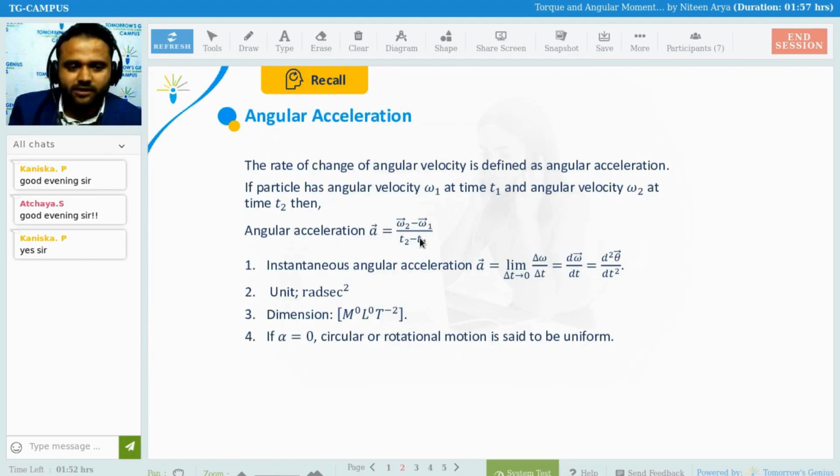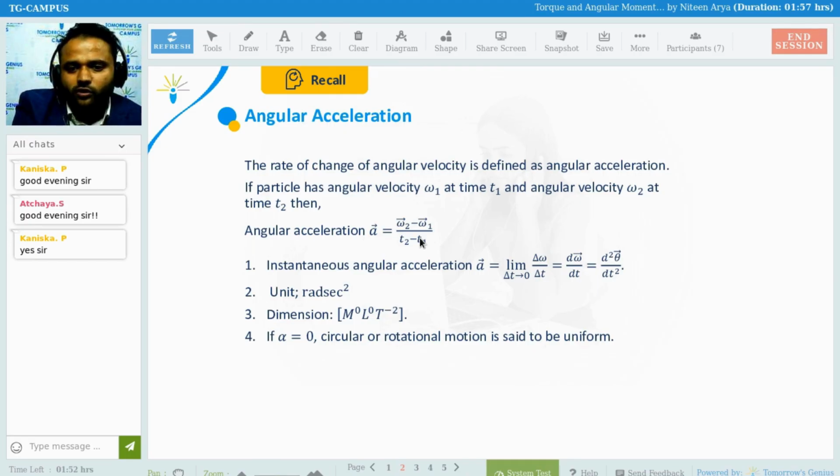As we know, angular acceleration. In the previous class we did angular acceleration, angular velocity, the relation with linear velocity, and the vector product, I guess, right? So angular motion was the last class, and this class is torque and angular momentum. Clear, everyone? So this is your recall.